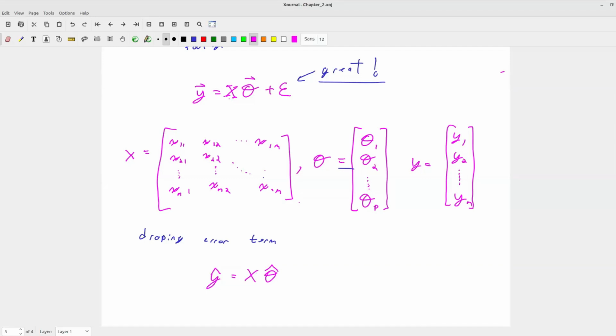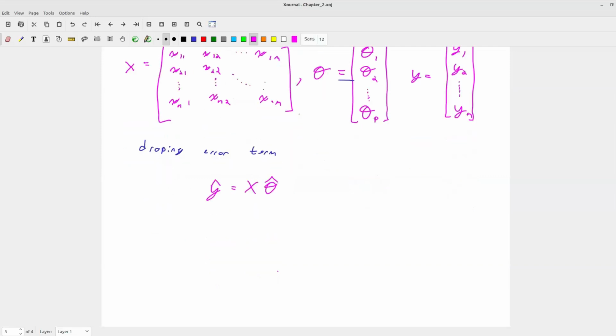So the goal is to find theta hat such that the error is minimized. Mathematically, it's simple enough to say that. We want to minimize it on our hyperplane.